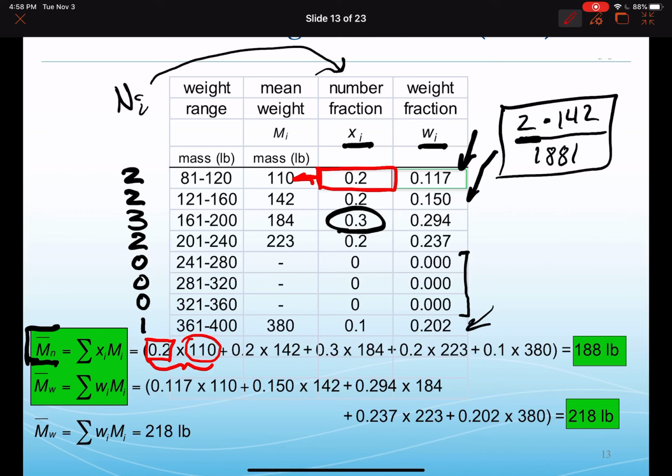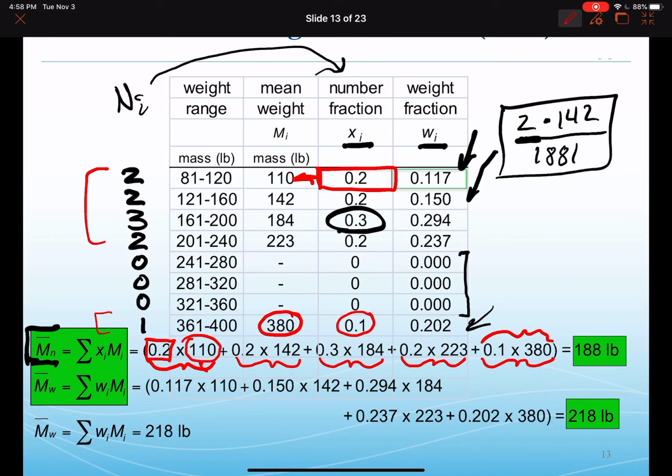So there's our first feature that needs to get summed against all the other features that are in a similar pattern, where we take the xi value times the average weight of the bin. Okay, so here we see that the number of entries in our table is 4 plus the 1, so I should have 5 features that have to get summed up, and we see those reflected in the first row. Okay, so in the last one all the way down, we can see that the xi value of only 0.1 multiplied by the 380 is our final feature, and of course that gets summed with all the other ones along the way.